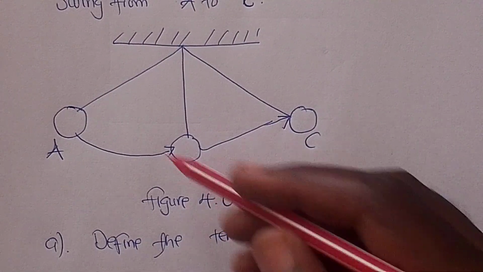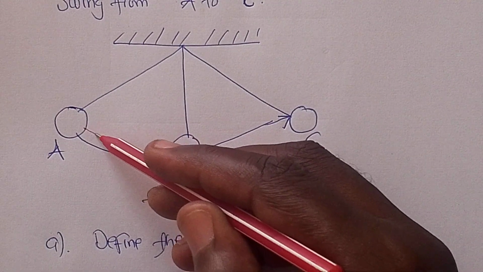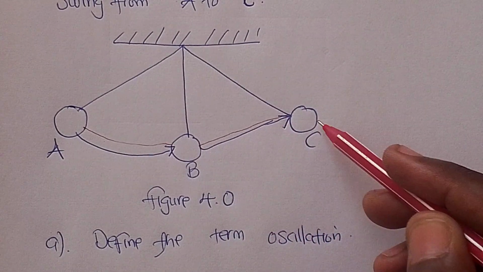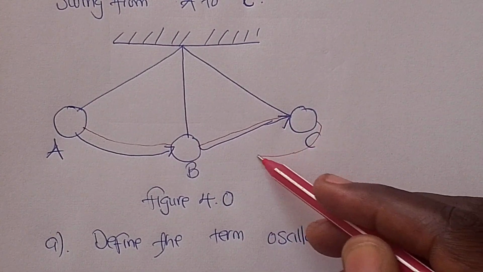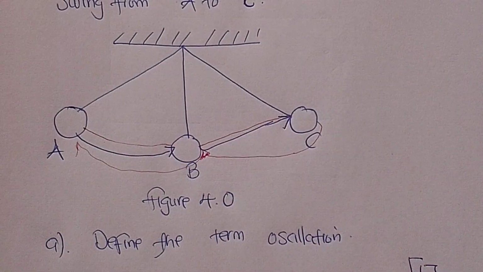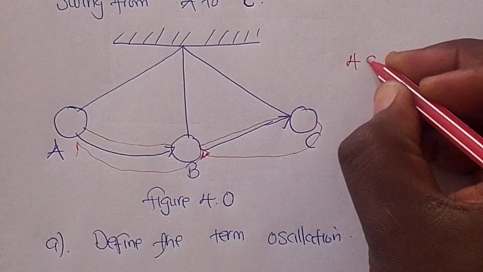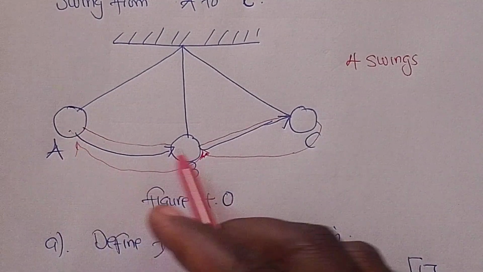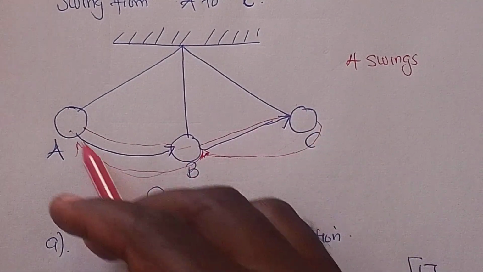So which means it swings from A to B. It also swings from B to C. It also swings from C back to B, then B back to A. So a pendulum bob makes about 4 swings. So 1, 2, 3, 4.